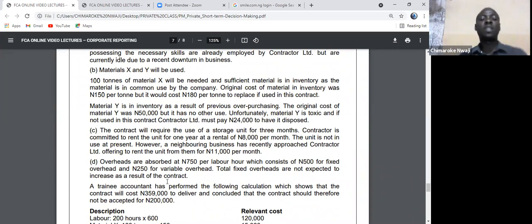But now, the variable costs are avoidable. You could avoid the 250 naira per unit by not taking the contract. But now you've taken the contract, you will incur it. So it means that your variable cost will be 250 naira per labor hour.